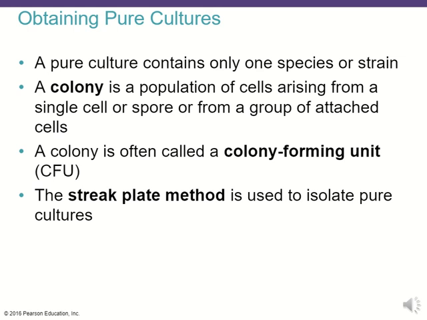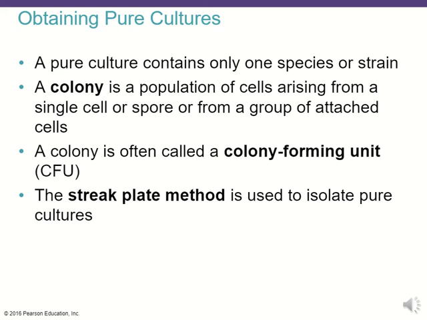Getting into actual colonies. A pure culture is desirable, containing only one species or one strain of microbe. Now, a colony is a population of cells arising from a single cell or spore, or from a group of attached cells. A colony is often called a colony-forming unit, or CFU.